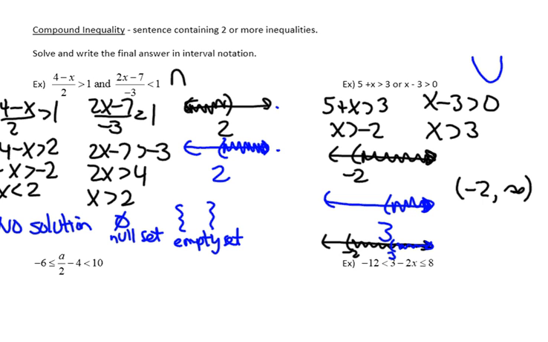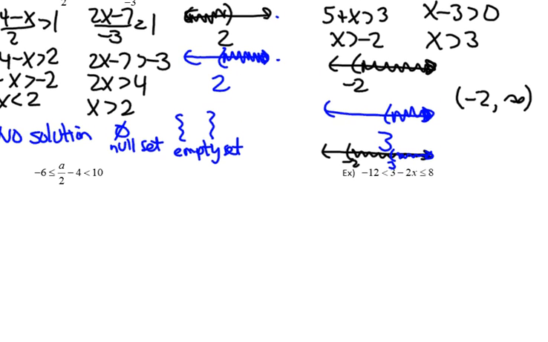Okay, now let's take a look at these two here. Now, notice you do not see the word and or. This is certainly a compound inequality. This is going to be an and. Now, how do I write this out as two separate inequalities? Well, that's this. Right?